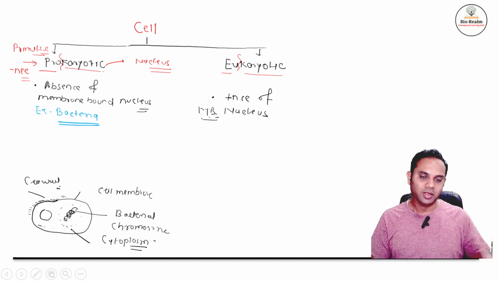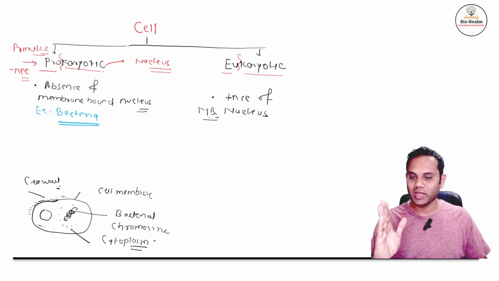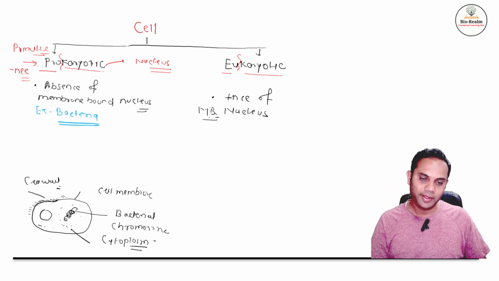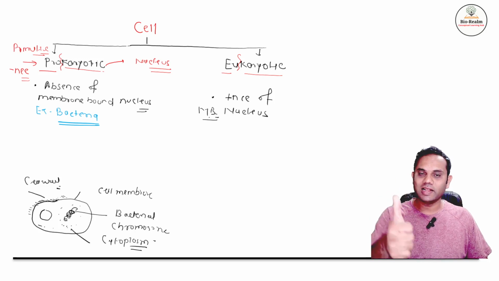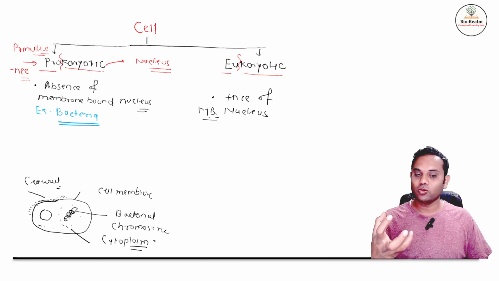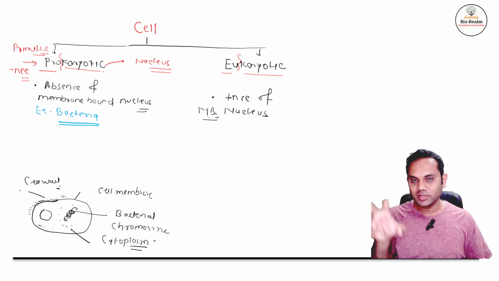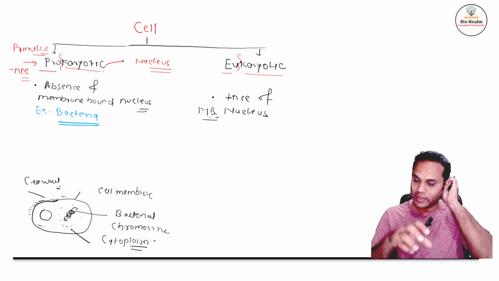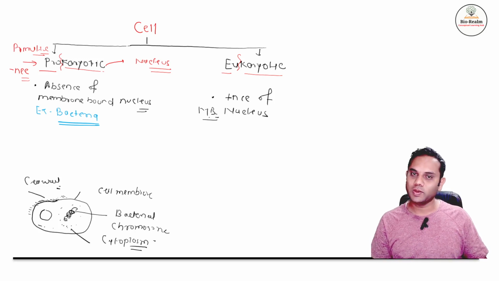Okay, so it comes under the eukaryotic cell. Eu means true, karyon means nucleus. Okay, so we are talking about properties of prokaryotic cells: it has a cell wall, a cell membrane, and a bacterial chromosome. Means there is no membrane which covers this bacterial chromosome or bacterial DNA. It is freely suspended in the cytoplasm.